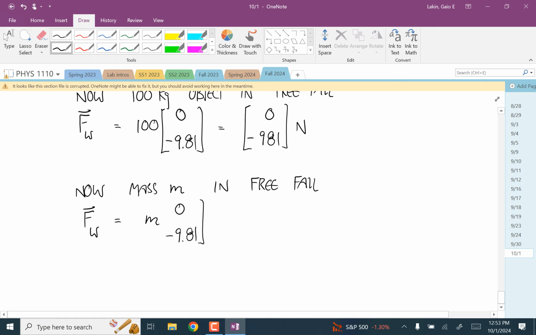We're just using the fact that no matter what the mass is, that free fall acceleration is the same. We could also write this as m times 0, negative g. I've brought that constant g up before. And what you get is a force vector of 0, negative mg for the weight force. Okay?